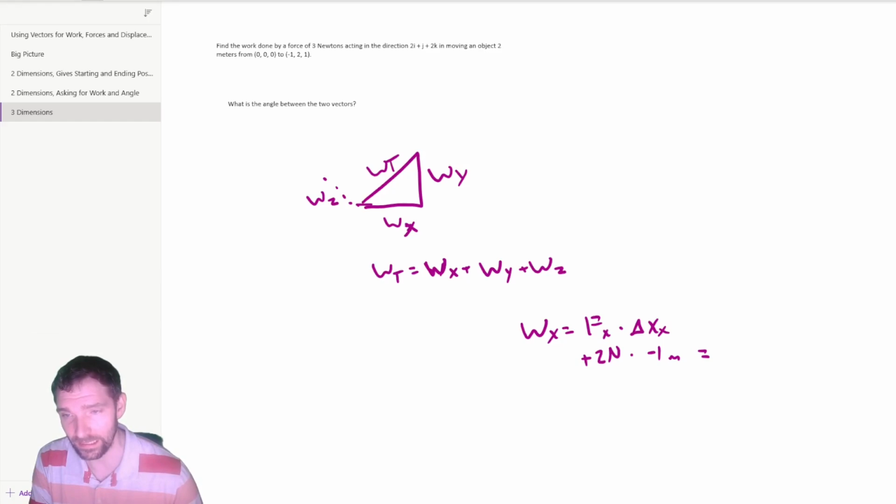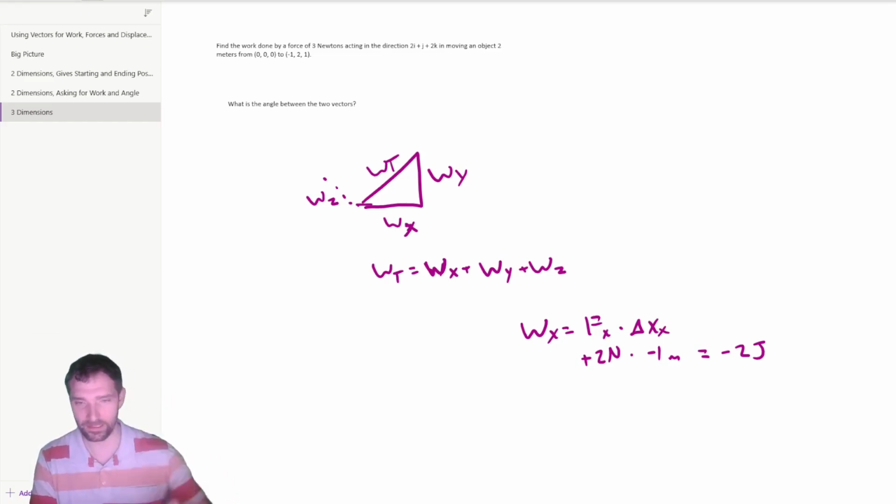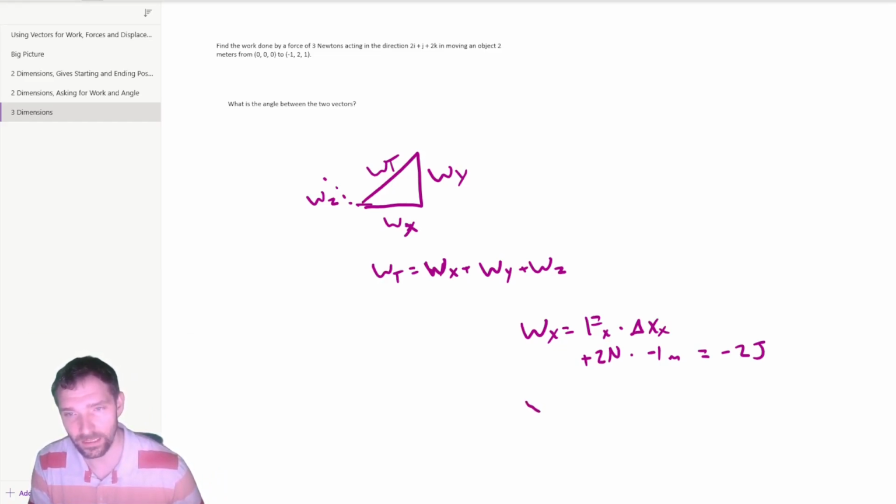So we're getting -2 joules of work being done along the x-axis. It actually gets slowed down because these things are fighting each other in a sense. They're going opposite directions. A force that's not going with displacement should slow an object down if it's going against that displacement.